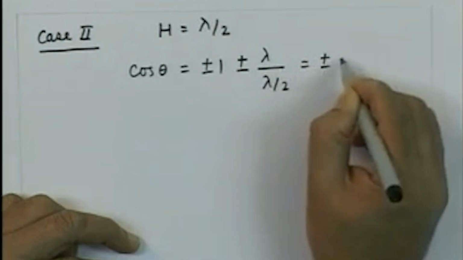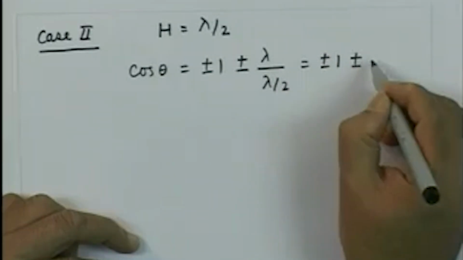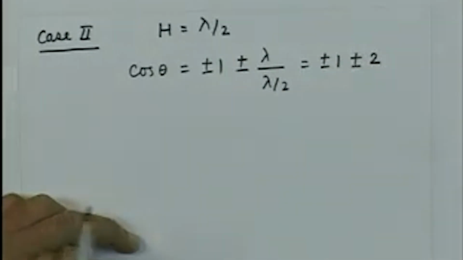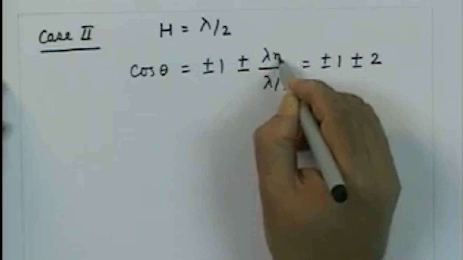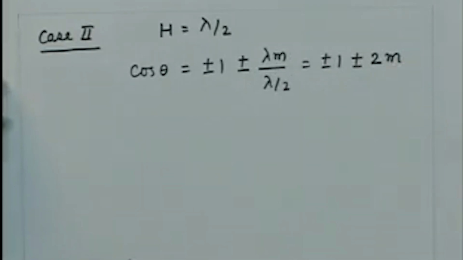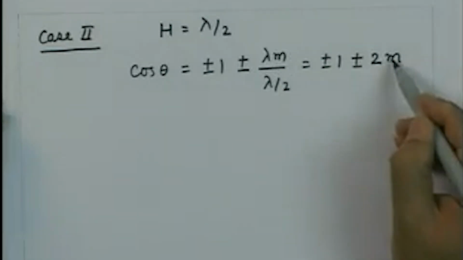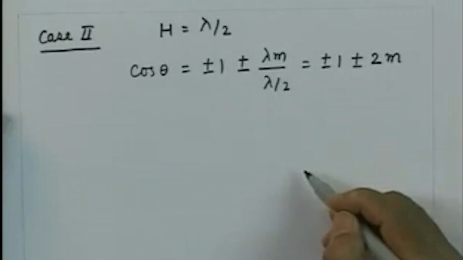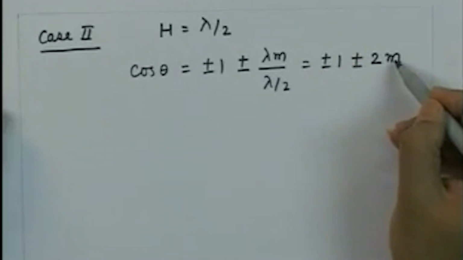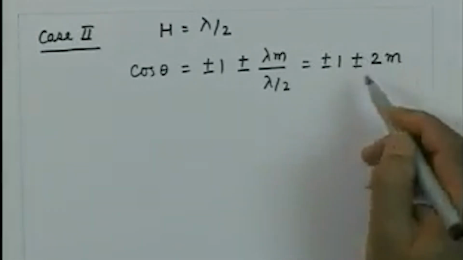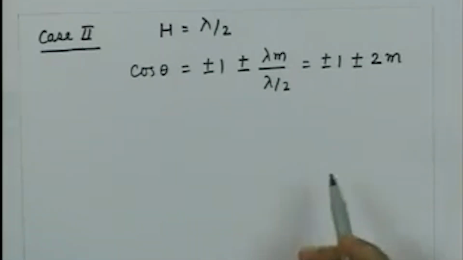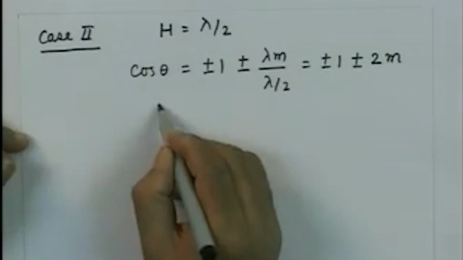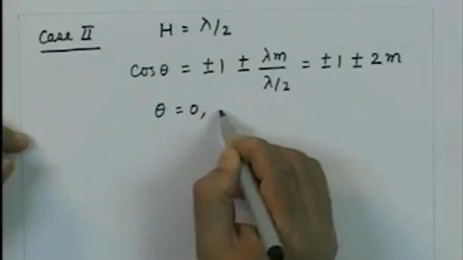So will be plus minus 1 plus minus 2. Again it should be m here. Again for m equal to 0 we have plus minus 1 nulls, but for m equal to 1 also, those nulls for which this value magnitude will be less than 1, again would correspond to only plus minus 1. So the directions of nulls are still theta equal to 0, theta equal to pi.